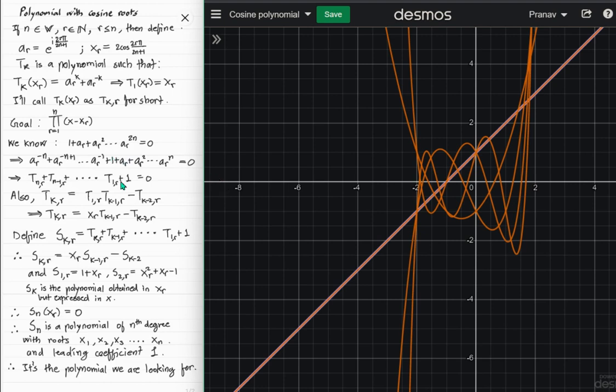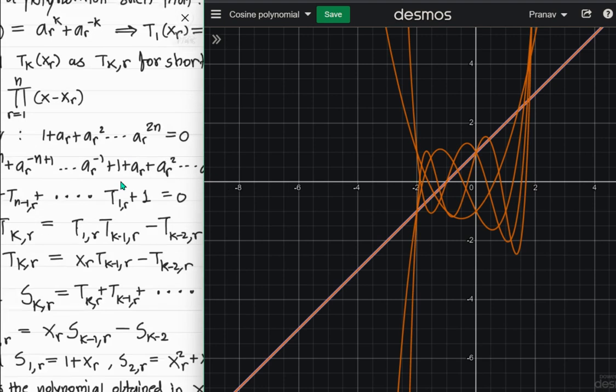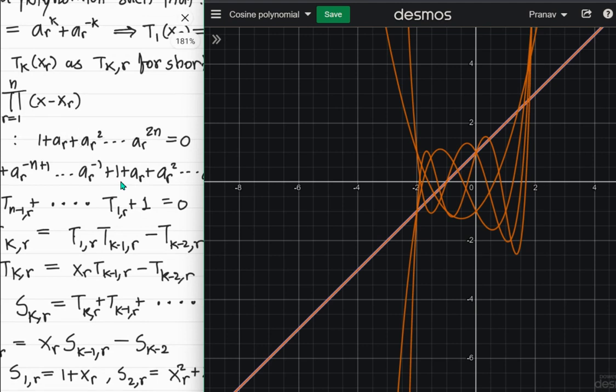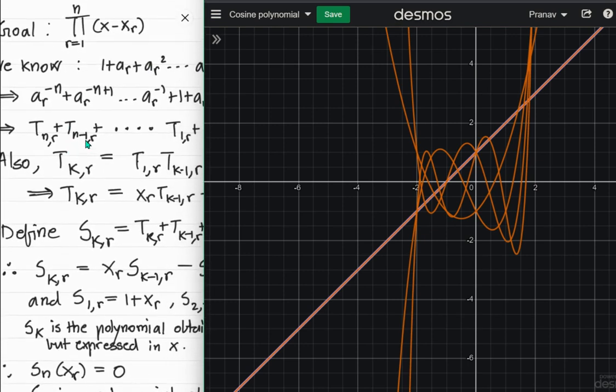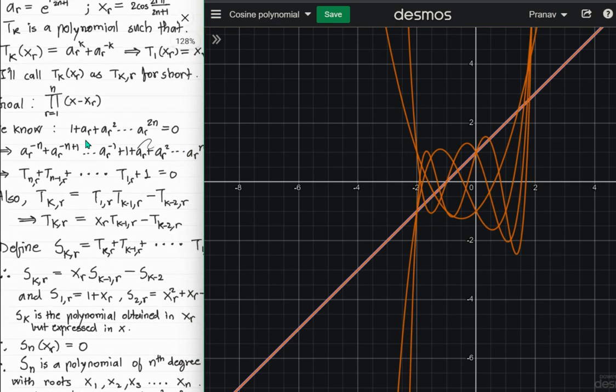Correct. So the thing is that 1 plus a_r squared till a_r to the power 2n is going to be 0, because we know that this polynomial has 2n zeros. So we are not including x equal to 1 as a zero, and the other 2n zeros, we know those are there, right? And then we'll divide this polynomial by a_r to the power n. Why am I doing that?